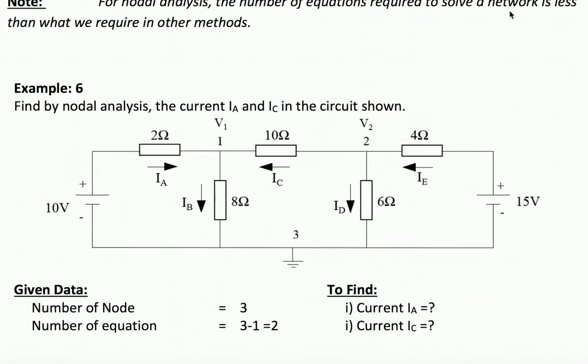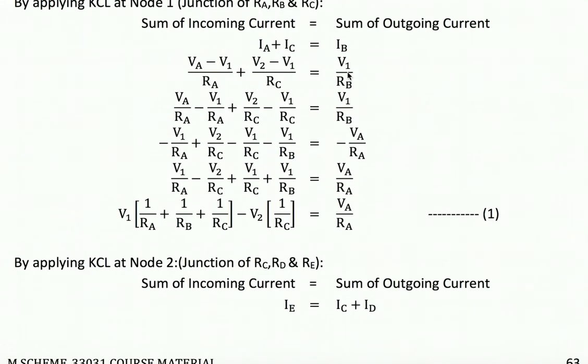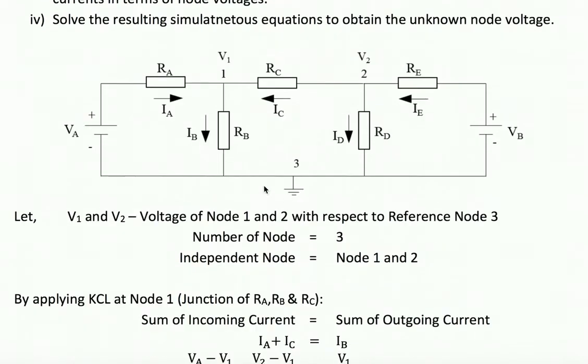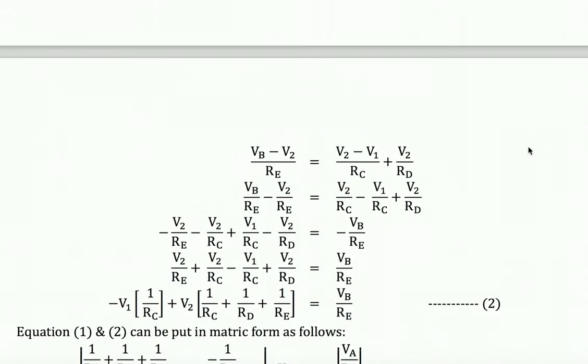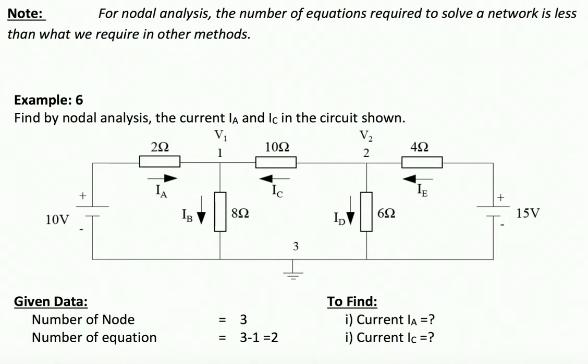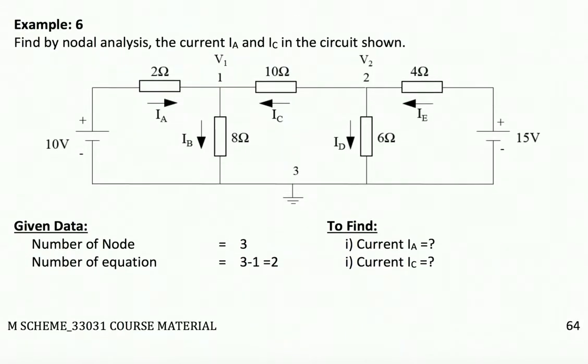For nodal analysis, the number of equations required to solve a network is less than in other methods. For the same circuit, mesh analysis takes three equations, I1, I2, I3, to be solved. But in nodal analysis, you only need to solve two equations.